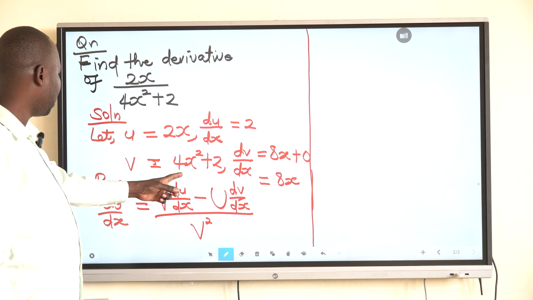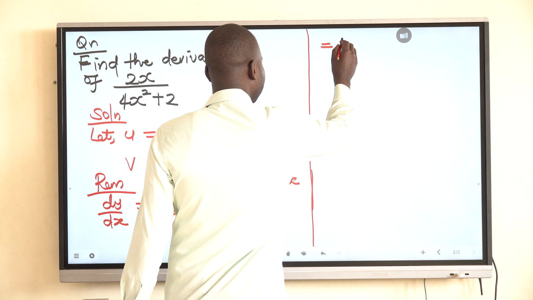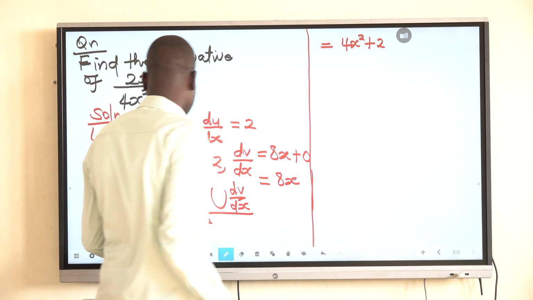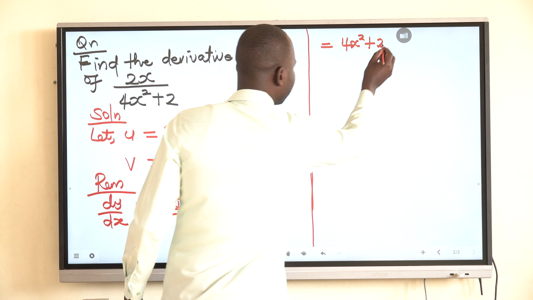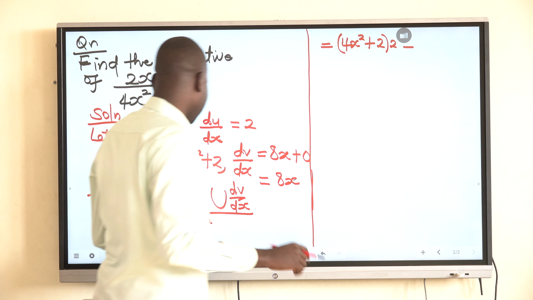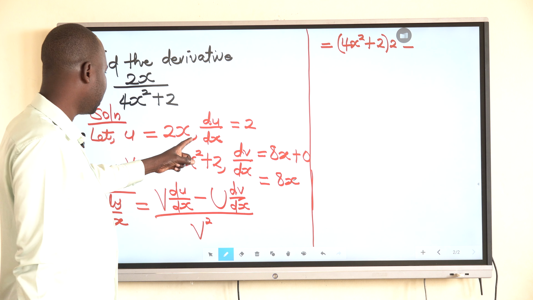So we have our v here, which is 4x squared plus 2. This is 4x squared plus 2 times du/dx. du/dx is 2, so we are going to multiply this by 2. And we subtract u, which is 2x.